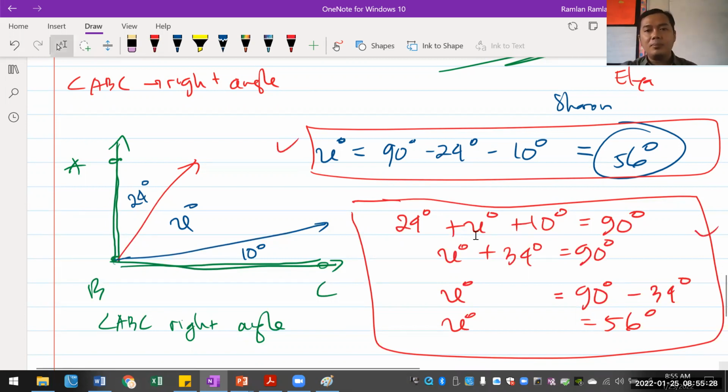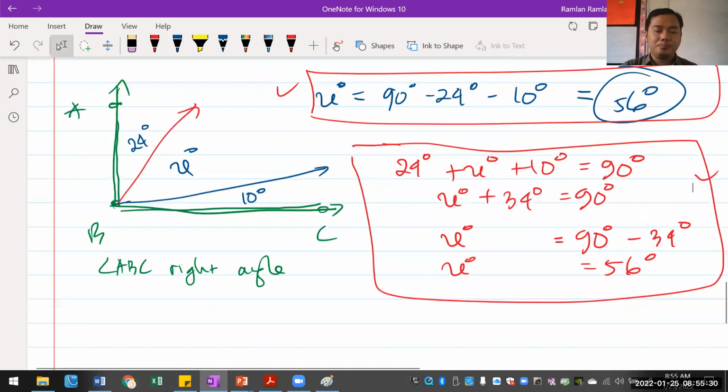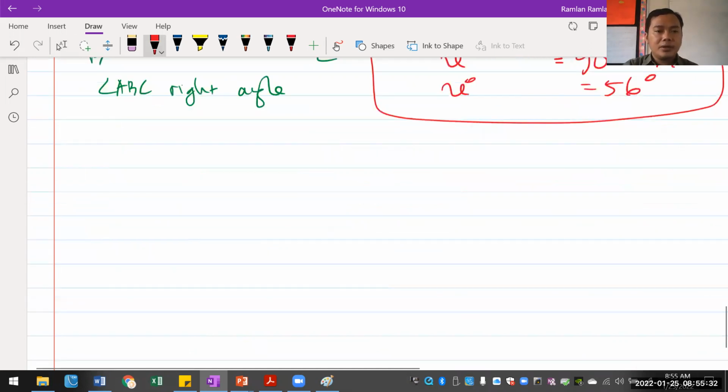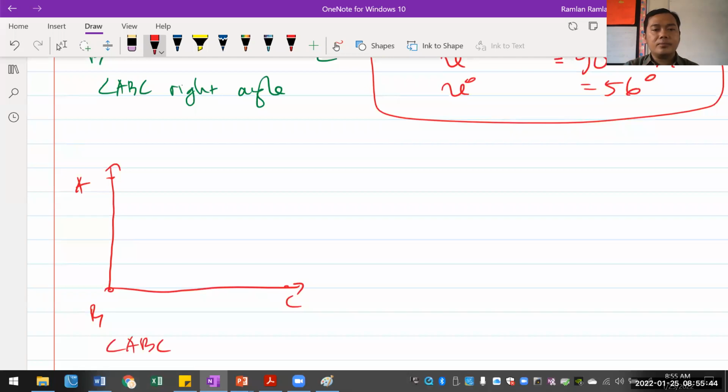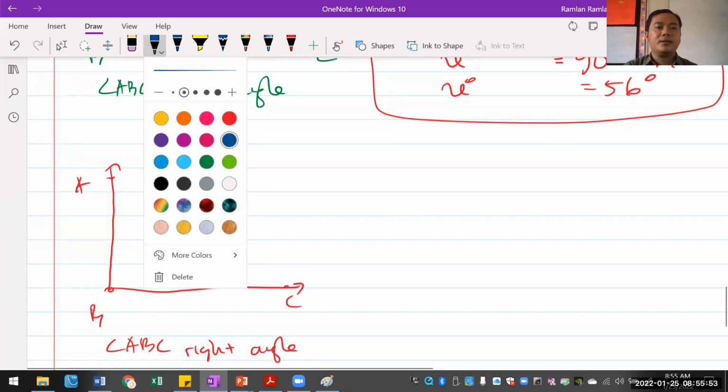And for the complementary angle, one more example. Here we go. Again, ABC is a right angle, for example. This time I'm going to divide it into 3 again.